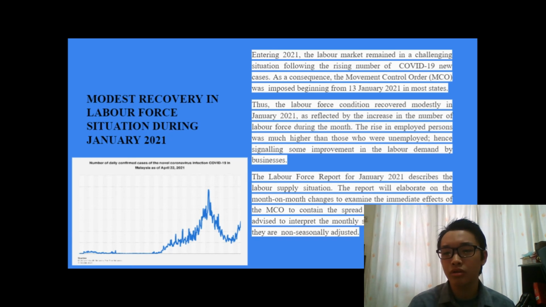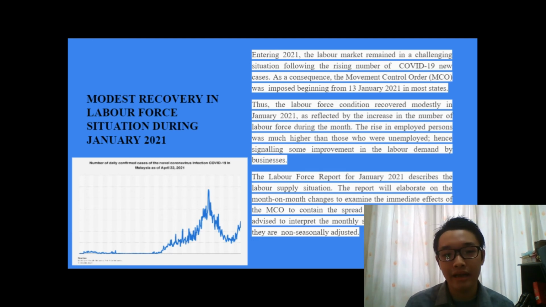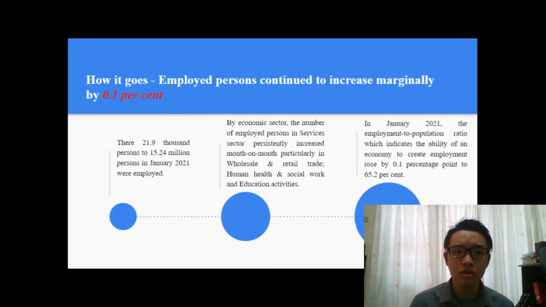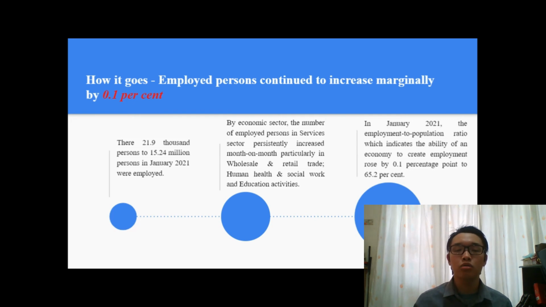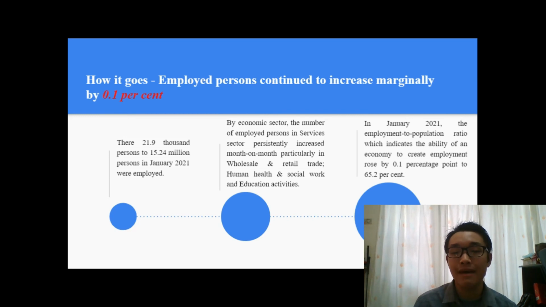January 2021 is much higher than before, and this graph is the latest that I could get, on April 22, 2021, just a few weeks back. Employed persons continued to increase marginally by 0.1%, which means 21.9 thousand people, to 15.24 million people being employed.